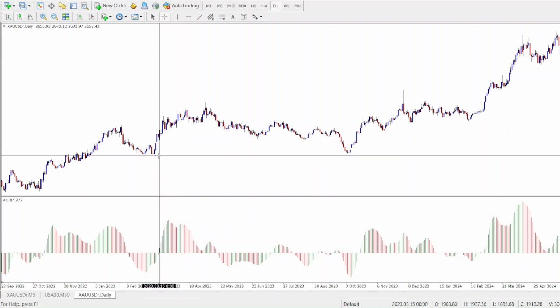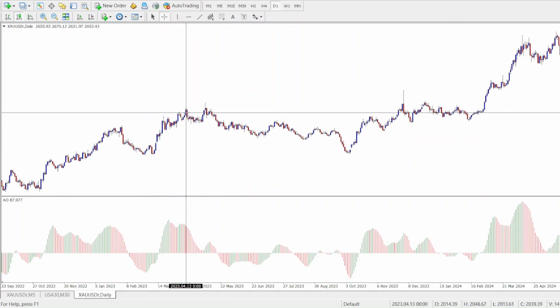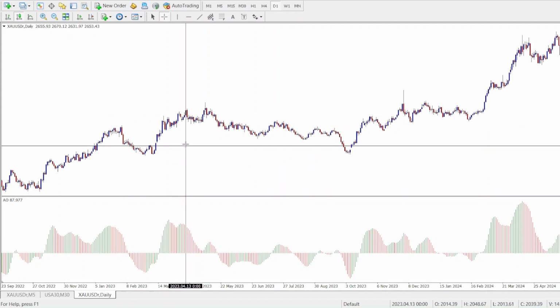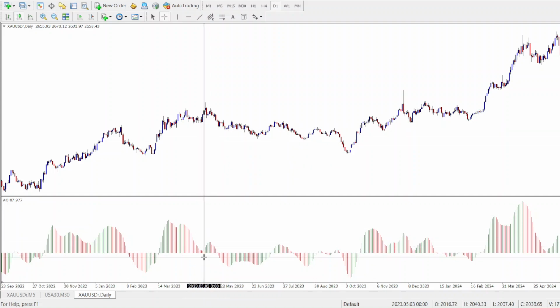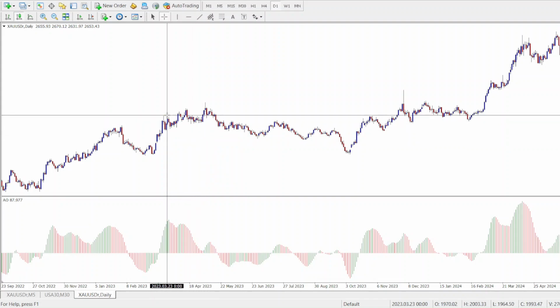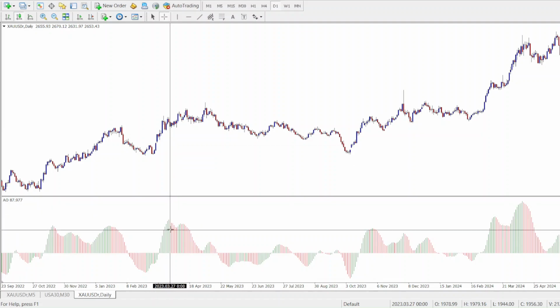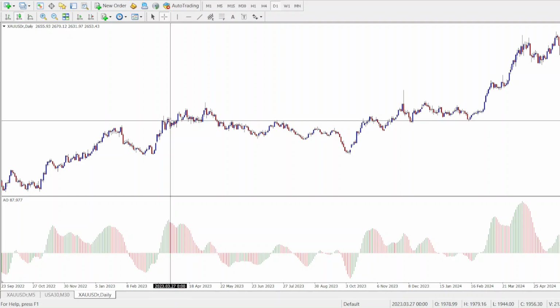And then as for the take profits, we could have considered setting our take profits at the nearest resistance level or at the site of a bearish signal from the Awesome Oscillator. So we would have either exited our buy trade once we spot a red line, which occurred around here. We would have exited our buy trade somewhere around here.